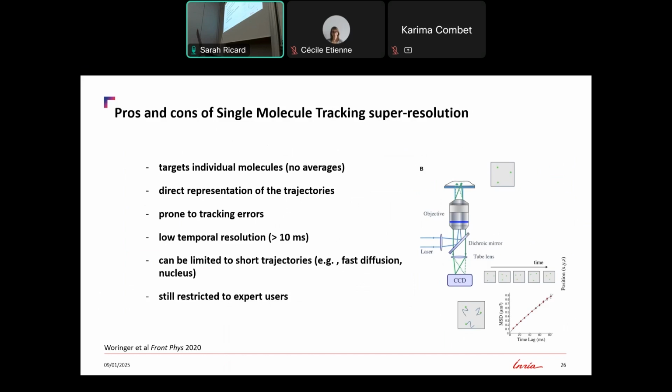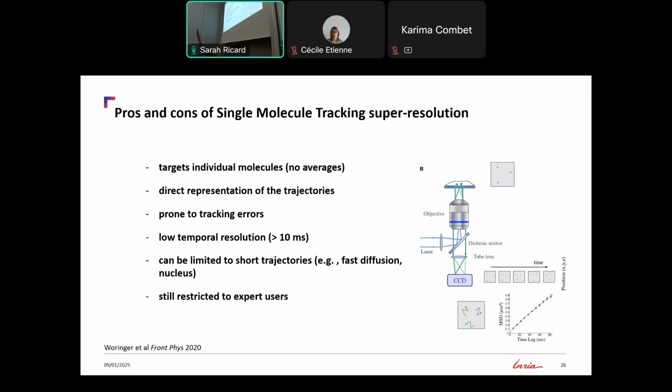And quite often, and I will go back to that, this is limited to short trajectories, because in fact, what you do is that you image a plane, or a slab, right? So a thick plane. If your molecule comes, it stays in your imaging plane for some time. But if it goes fast, it moves away, and then you lose it.